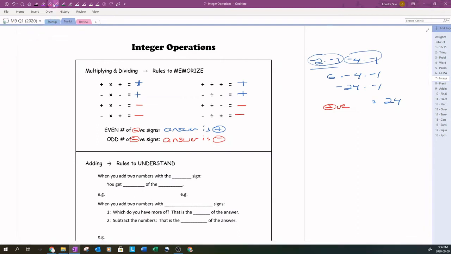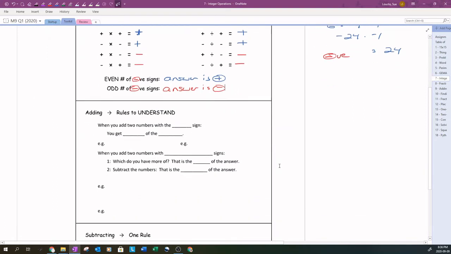Okay, now when we talk about adding integers, we have to think about this a bit. Okay, there's no memorization of this because it depends what the numbers are. Okay, when you add two numbers with the same sign, you get more of the same. Right?